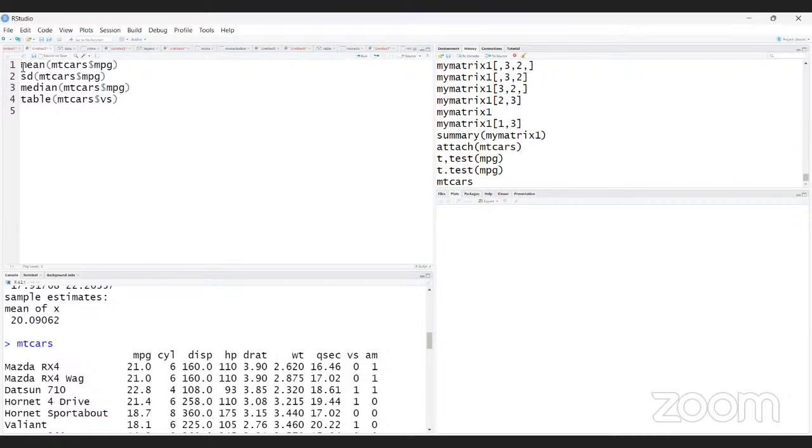Sir, are you talking about the significance level which we set? Yeah, that is true. Okay. So the confidence interval means how much confidence you can assign for your data.